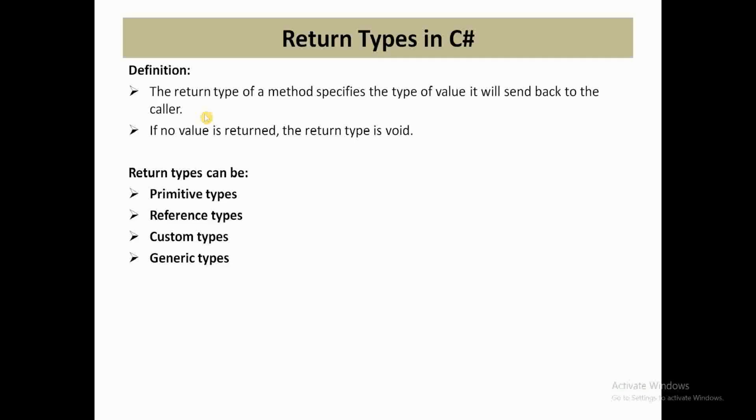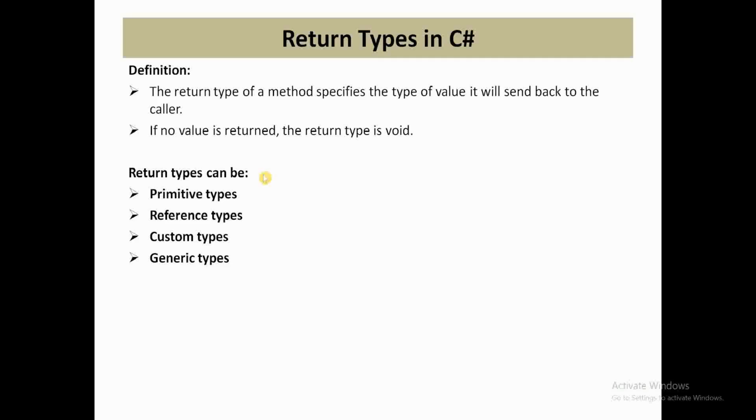So that is the return type. If no value is returned, the return value is void. If we do not want to return any value from inside that method, then we have to set void, as it will show that we are not sending any value. So this is the return type, that is void.